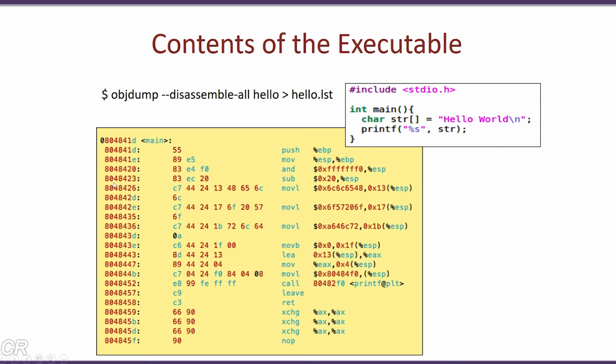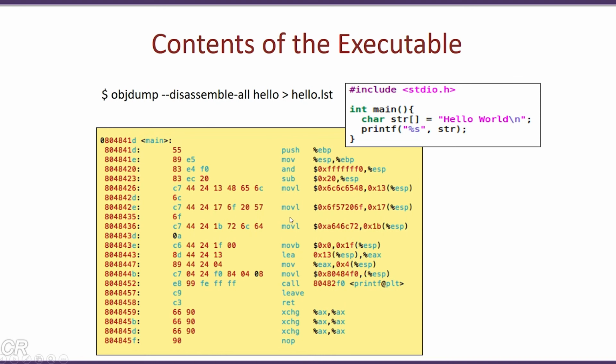Over here is a small snippet of that hello.list file, and it's only dealing with this particular main program. What we see over here are the assembly level instructions for this main program. In this particular column is the virtual address, while in these columns are the corresponding instructions.